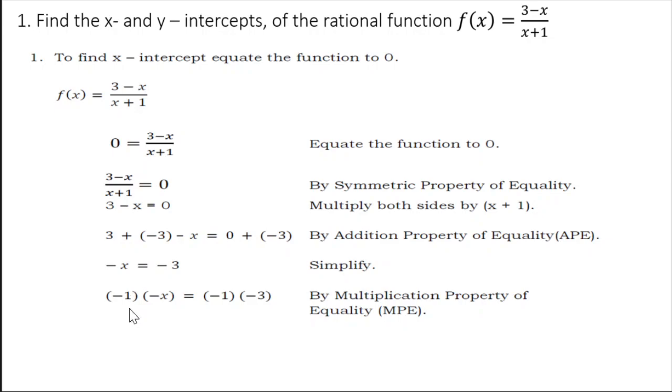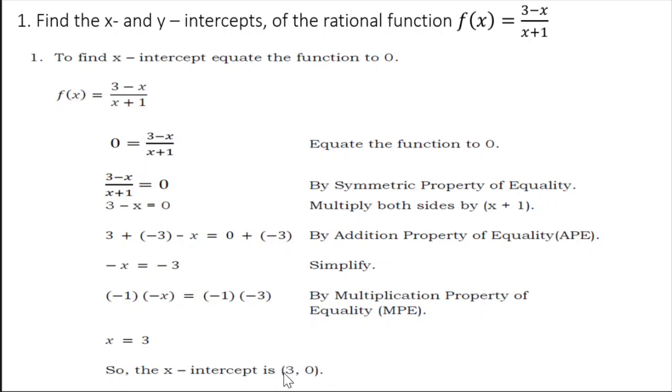So negative 1 times negative x becomes positive x, and negative 3 times negative 1 is positive 3. So our value of x now is x is equal to 3. So the x-intercept is at the point (3, 0). So this is the ordered pair.